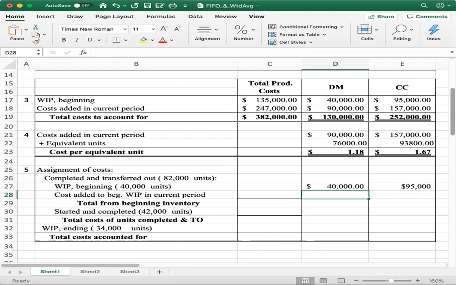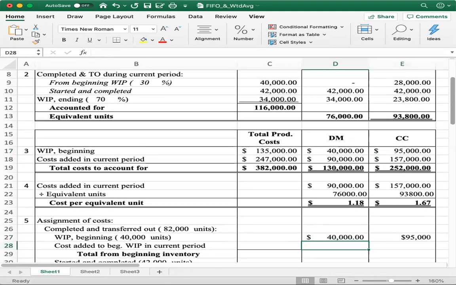So that comes from your part 2. This is the beginning work in process right here. And this is how many units you worked on during the current period. In conversion, you worked on 28,000. In direct material, you didn't work on any unit because you already added cost in the prior period. So, and you can see here 40,000 is already added. So you're not going to double add here.